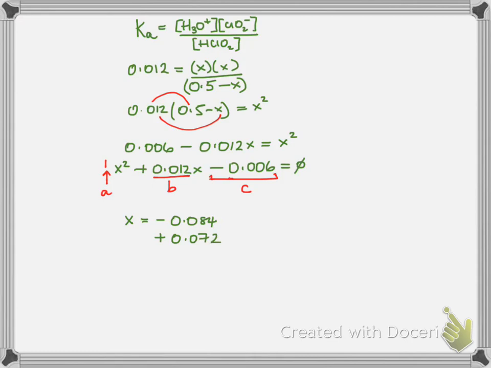Which one is the answer that we're going to eliminate? It'll be the one that is negative. So our actual value for x is 0.072.